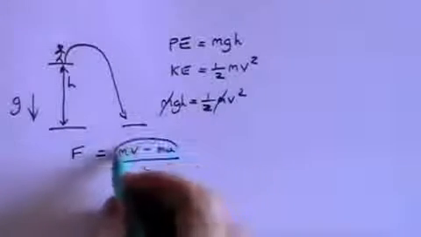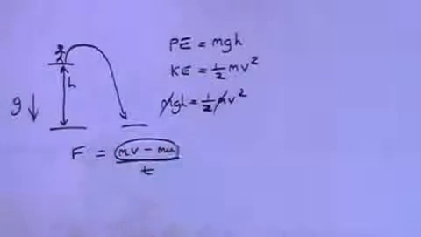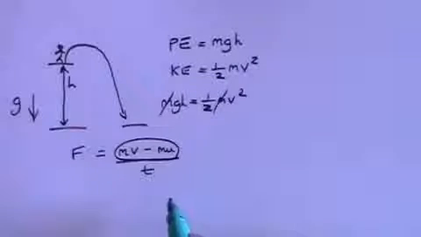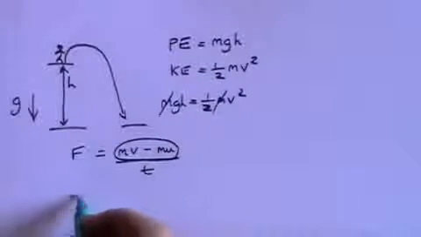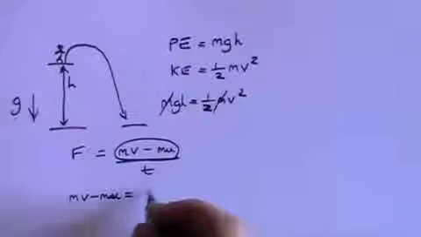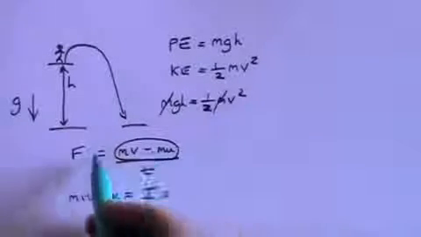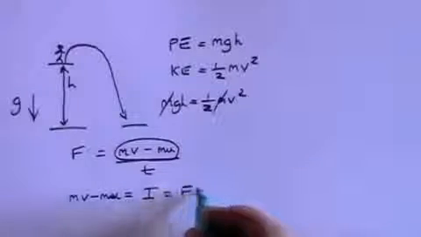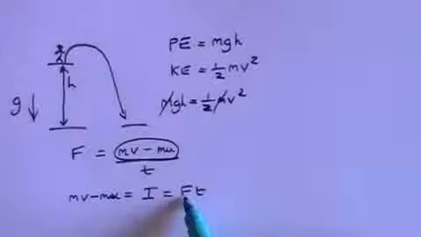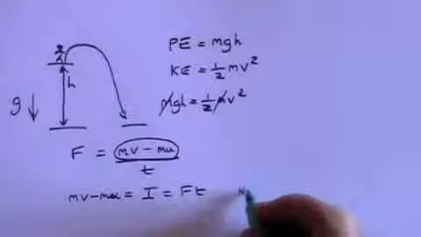Well, that's just mv minus mu. So in other words, mv minus mu, which is the impulse, is equal to force times time. And the units of impulse are obviously going to be force times time, which is Newton seconds.